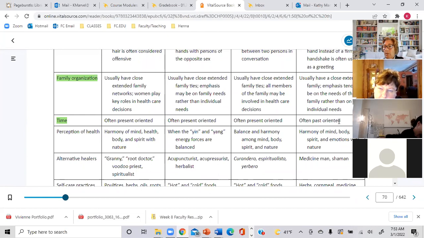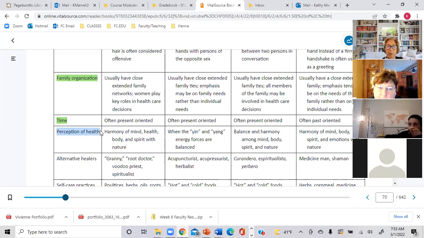Does that make sense? They don't have the future focused. That's just a scenario or an example I give you. If they're past oriented and we're asking them to plan for the future, we as community nurses may need to assist them. The other three are present oriented.